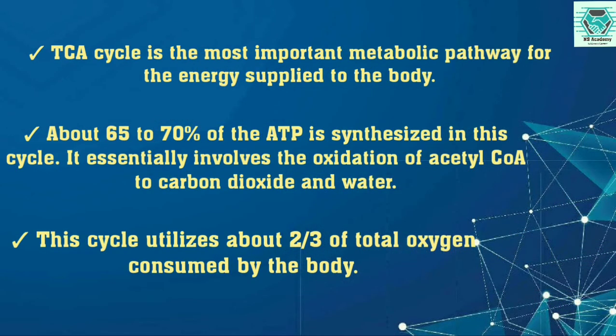TCA cycle is the most important metabolic pathway for the energy supply to the body. About 65 to 70% of the ATP is synthesized in the TCA cycle. TCA cycle essentially involves the oxidation of acetyl-CoA to carbon dioxide and water.